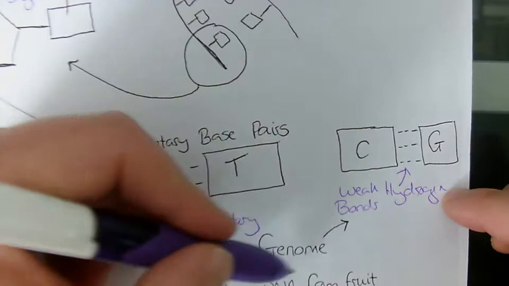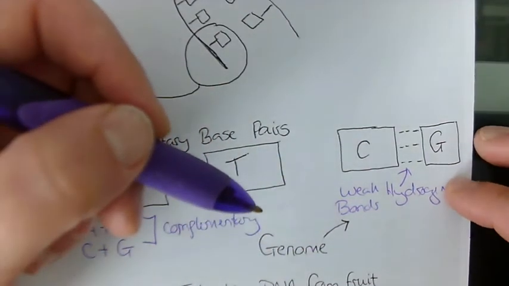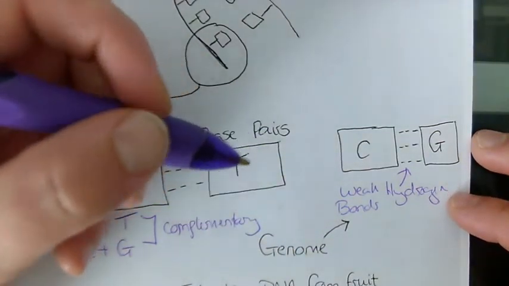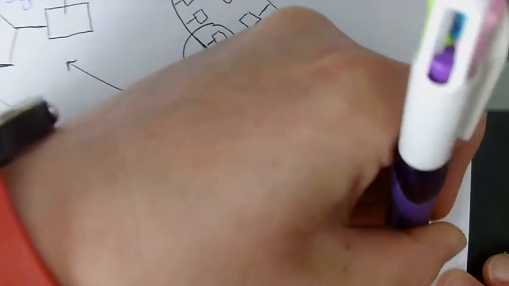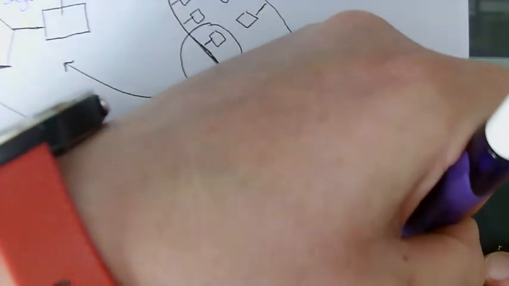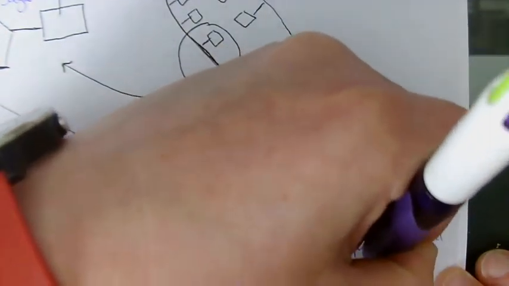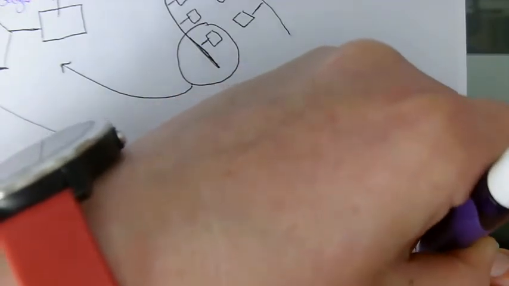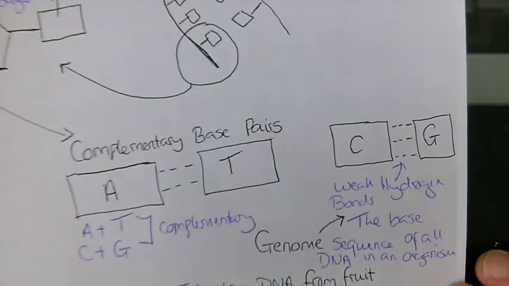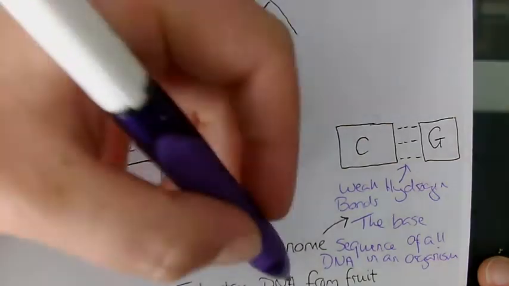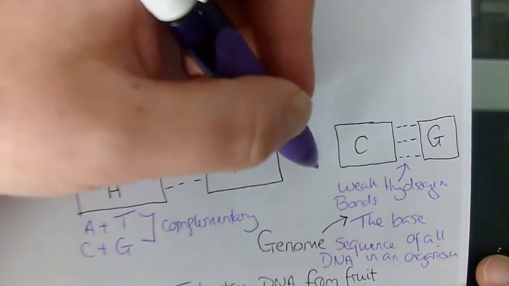So we have this word down here called genome, which is the base sequence of all the DNA in an organism. So the genome is all the base pairs, all the genes.